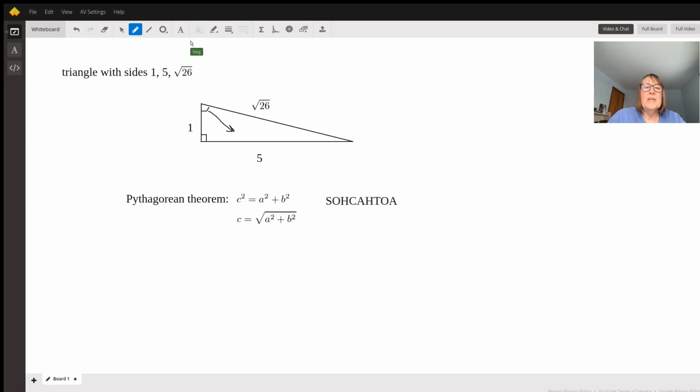So what that means is, the tangent of our angle opposite to the 5 is going to be equal to the opposite side over the adjacent side, which is equal to 5 over 1, which is equal to 5. I hope that helps.